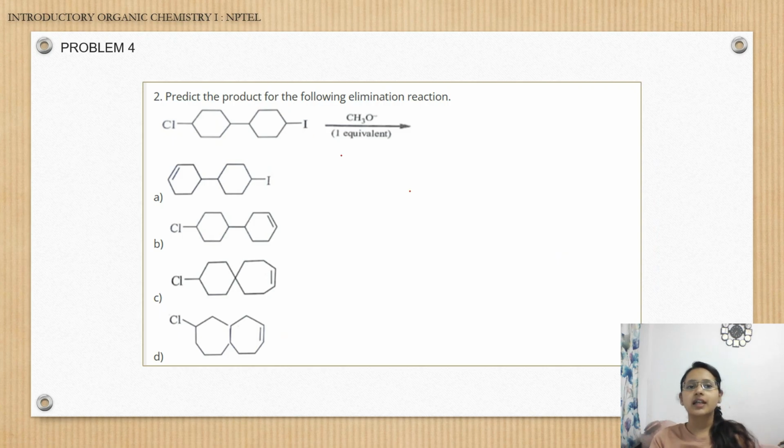So in problem number 4, what they are asking is: predict the product for the following elimination reaction. You have to predict the product according to the elimination reaction. They have shown you that it is an elimination reaction, so now please predict what would be the product. Here they have treated this particular starting material with methoxide.